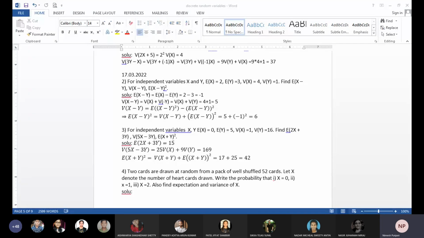52 कार्ड्स में कितना कलर का कार्ड्स होता है? 2 colors, red and black. How many types of cards you have? 4 types.